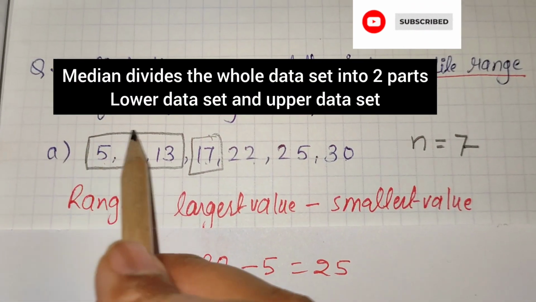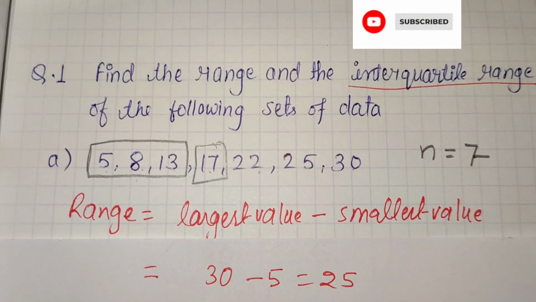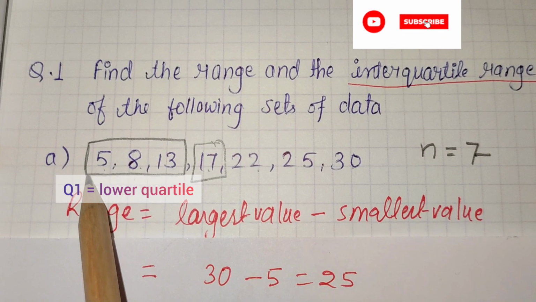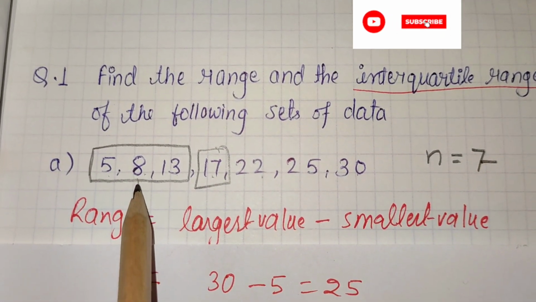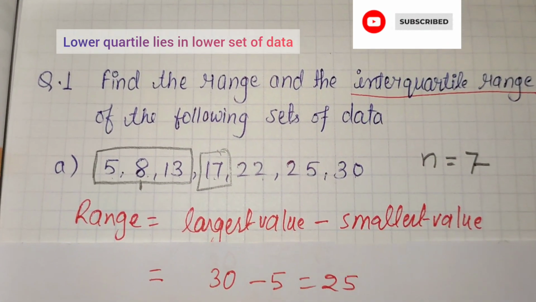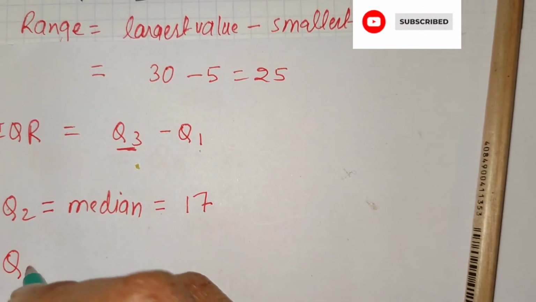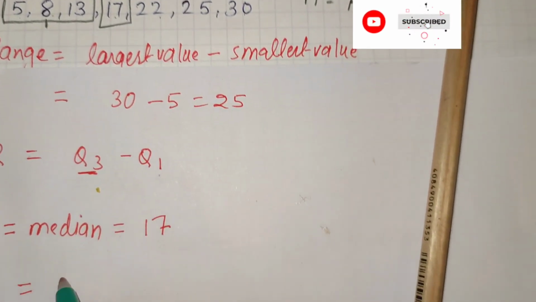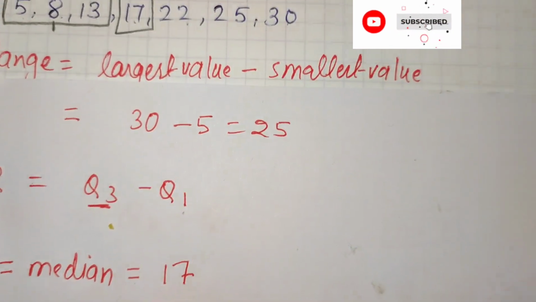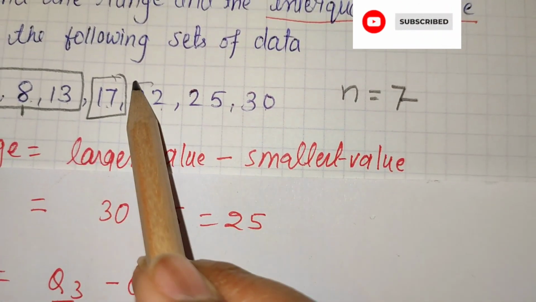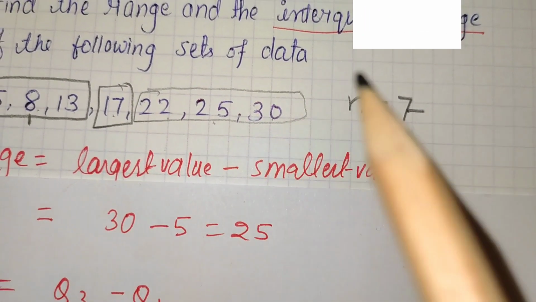Now we have to see the lower set of data, and to find Q1 we have to find the middle value of the lower set of data, that is 8. So Q1 is 8. Similarly, I have the upper set of data and I have to find the middle value, and that will give me Q3.